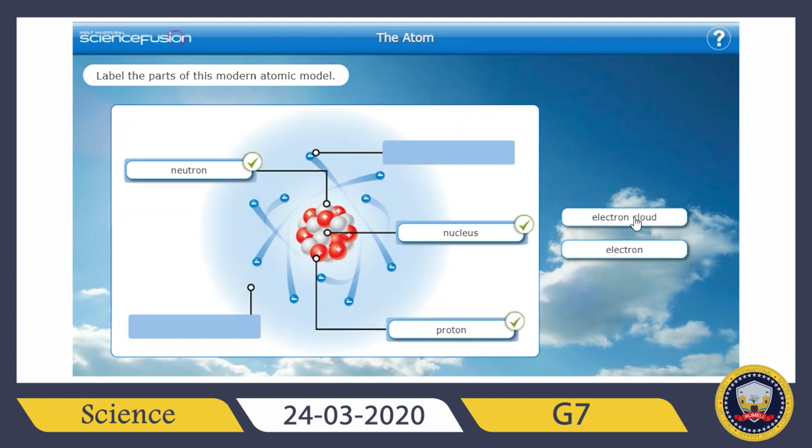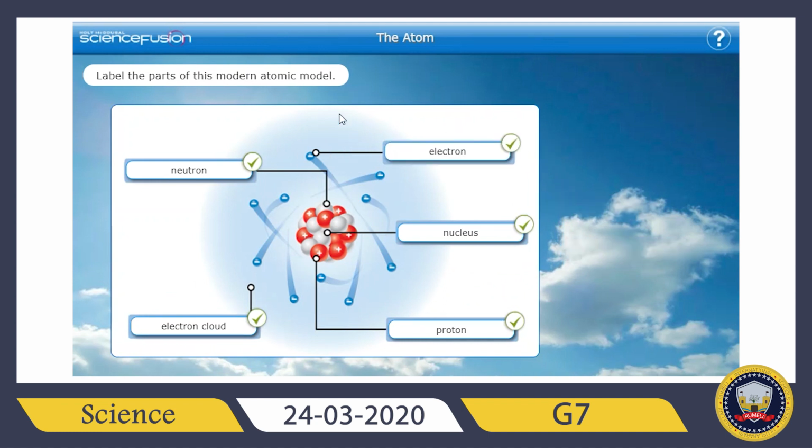And we said that the electron cloud is the space around the nucleus. So that's why we are placing the electron cloud here, and the electrons are negatively charged particles around the atom.